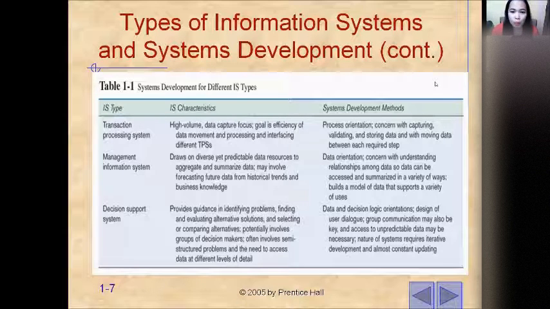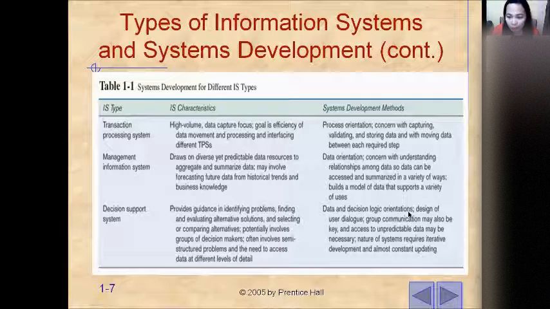While the MIS, or Management Information System, IS characteristics: draws on diverse yet predictable data resources to aggregate and summarize data, may involve forecasting future data from historical trends and business knowledge.